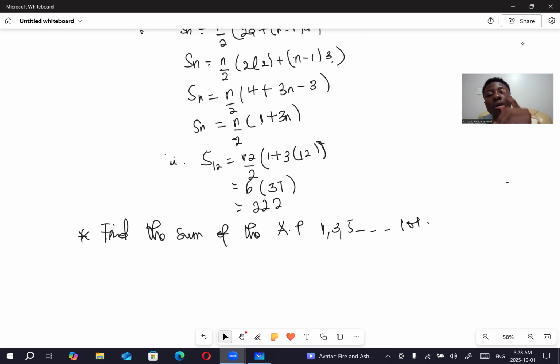I was saying the formula is n over 2 brackets a plus l. The a is the 1, and then the l is the 101. When you add it together, n over 2 brackets 102. And if you need some, right?